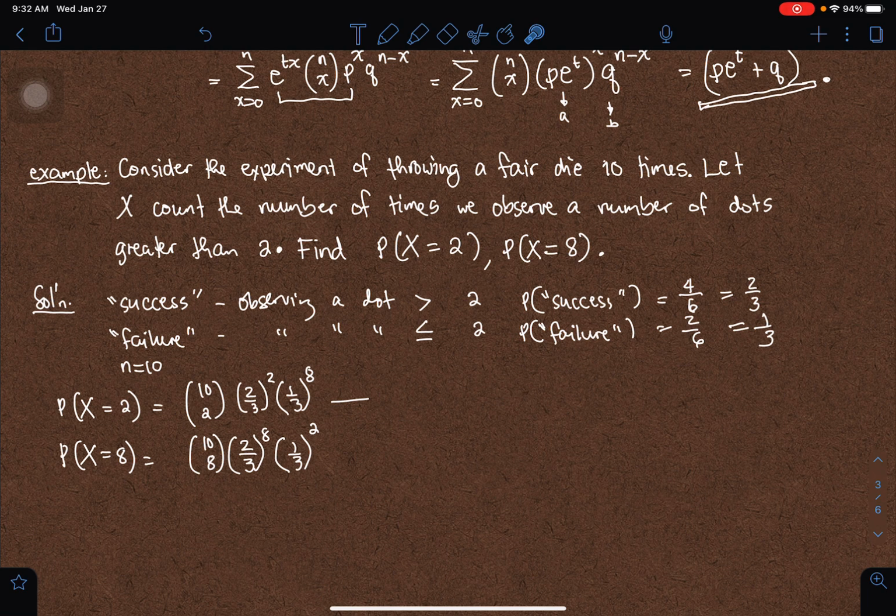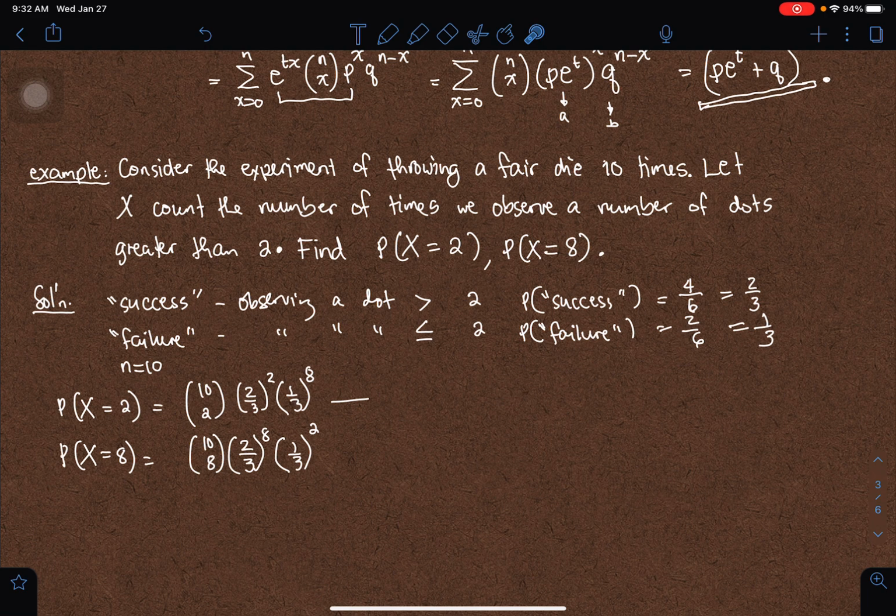Our success here will be observing a dot that is greater than the number 2. So when we observe 3 dots, 4 dots, 5 dots, or 6 dots, that will be considered success. Observing a 1 or a 2 will be considered a failure.